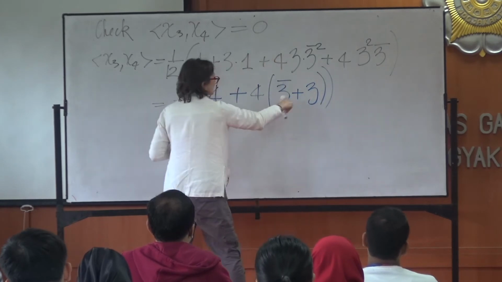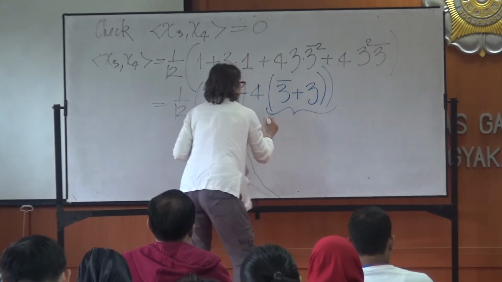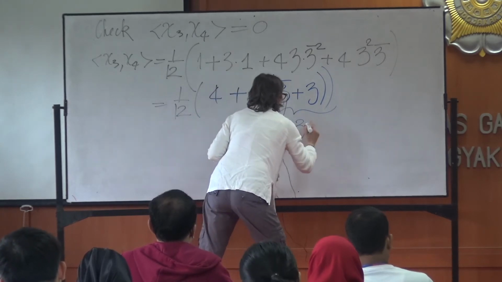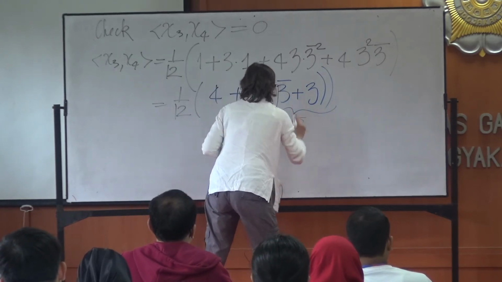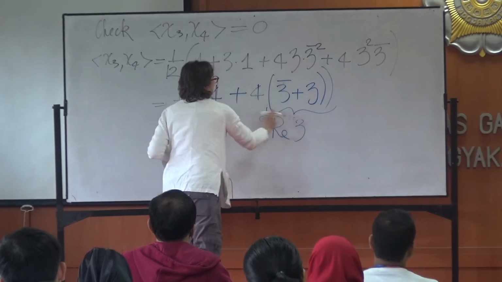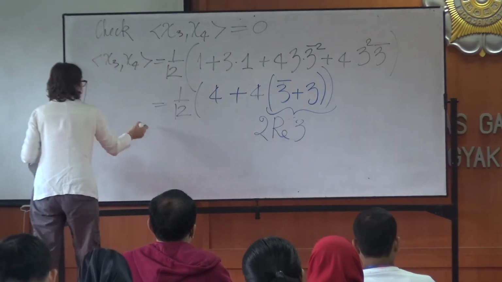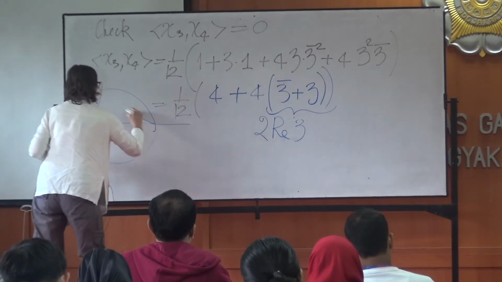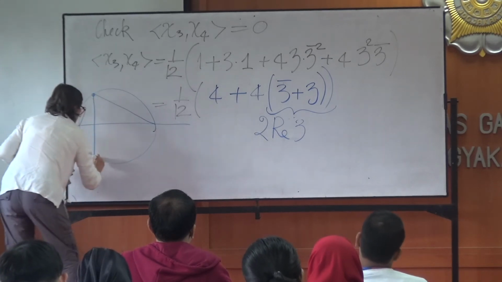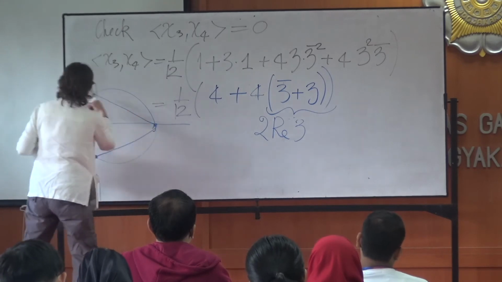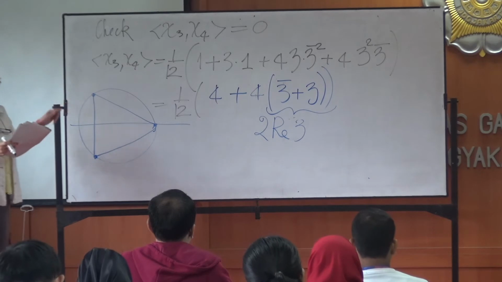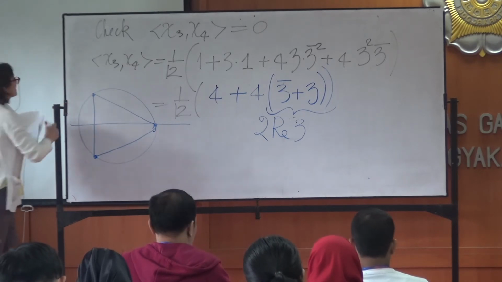Okay, so now this piece here is 2 times the real part of z, and where z sits. You see, we took z to be a primitive cubic root of 1, so z sits, for example, in this vertex of the equilateral triangle inscribed in the unit circle.